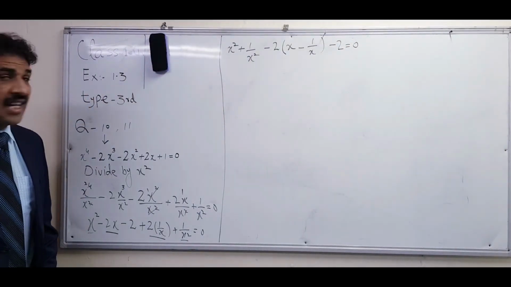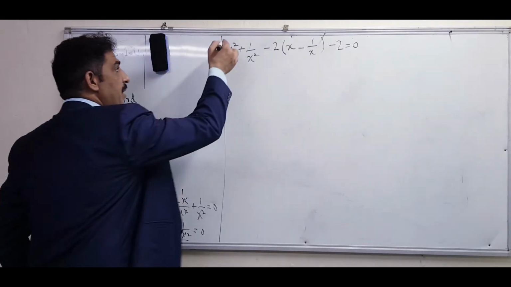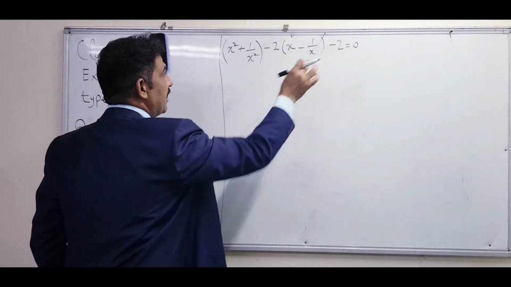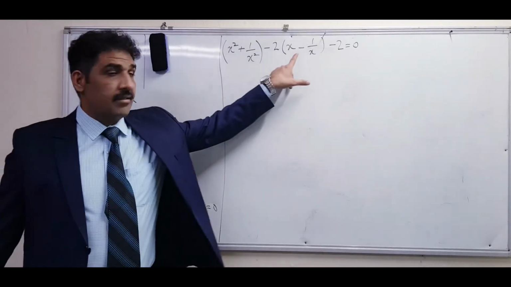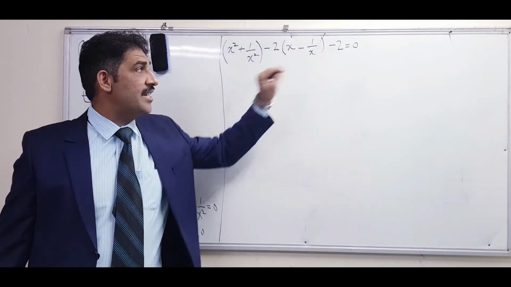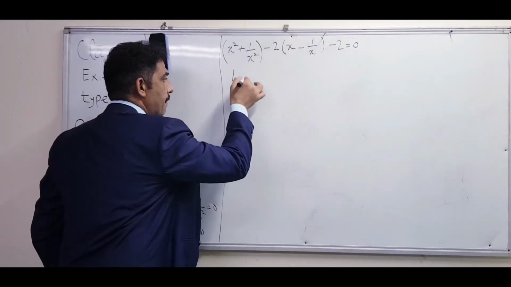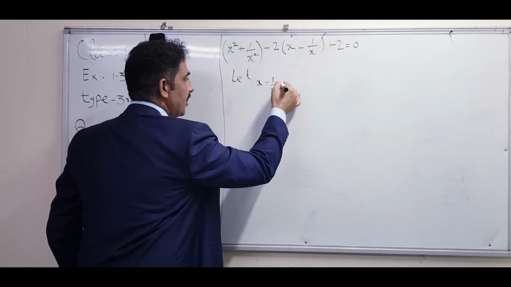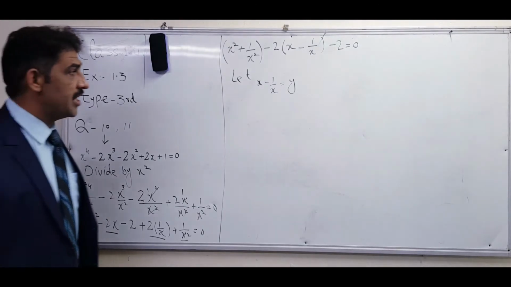In question number 10 and question number 11, we have to make this shape. When you make this shape, there is one bracket and a second bracket, now making 3 terms. This x minus 1 over x, we assume it is y. So let x minus 1 over x be equal to y. After simplification, for our solution we take the square on both sides.